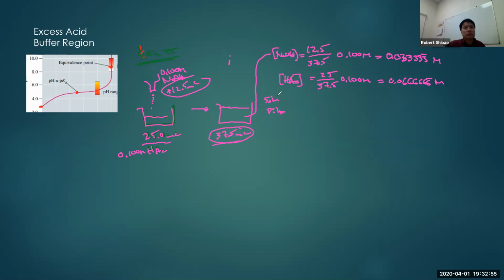Okay, after the solution dilution, then I go to step 1. Step 1 is strongest acid plus the strongest base. The strongest acid is acetic acid, and the strongest base is sodium hydroxide. So we take the strongest acid plus the strongest base and react those together.